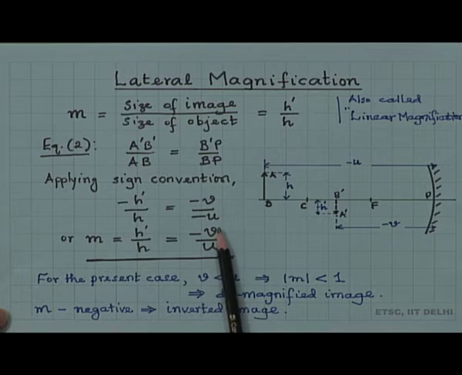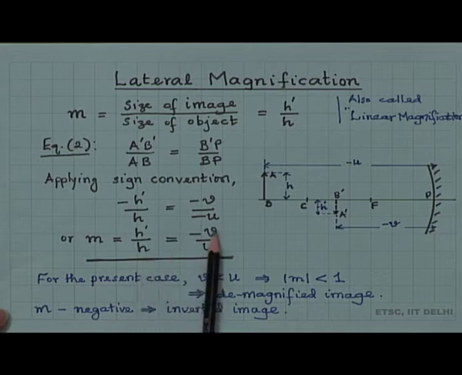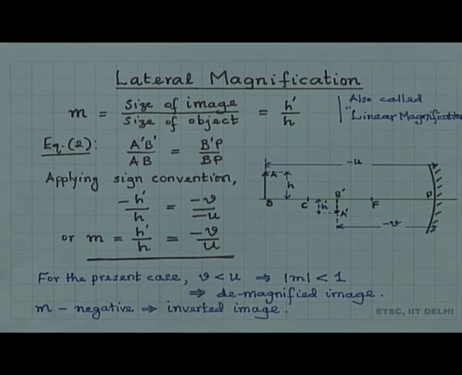So substituting here, we get m, the magnification, defined as h dash by h, is equal to minus v by u. This formula holds good for all cases, because we have already applied the sign convention.